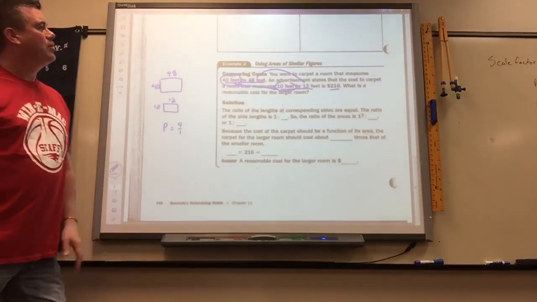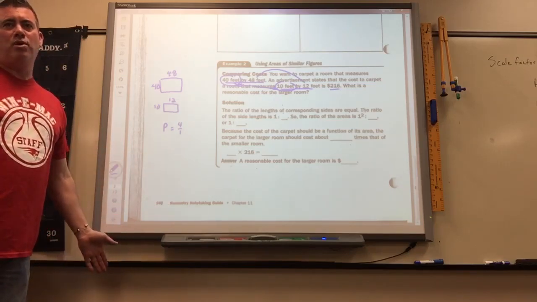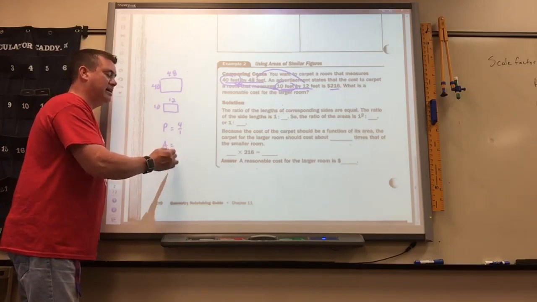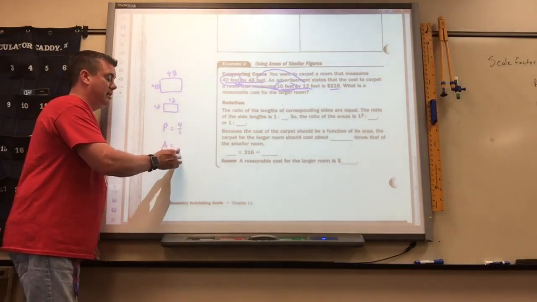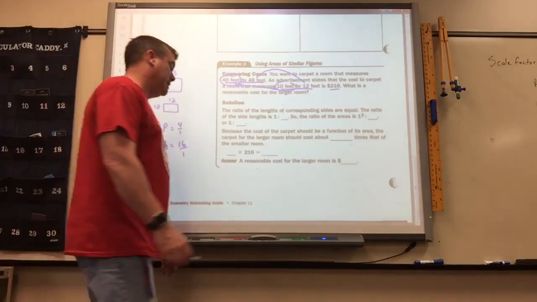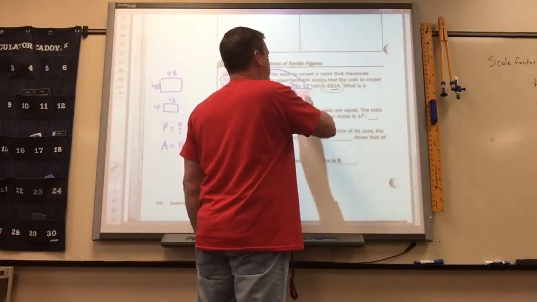But we're not talking about perimeter when you put carpeting down, you're talking about what? Area. So the ratio of the area is 16:1. So if this room costs $216, the smaller room, what would you do to figure out what the bigger one would cost?